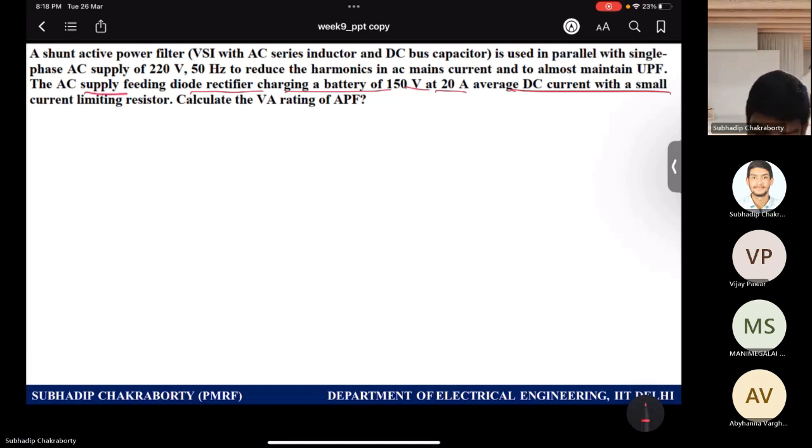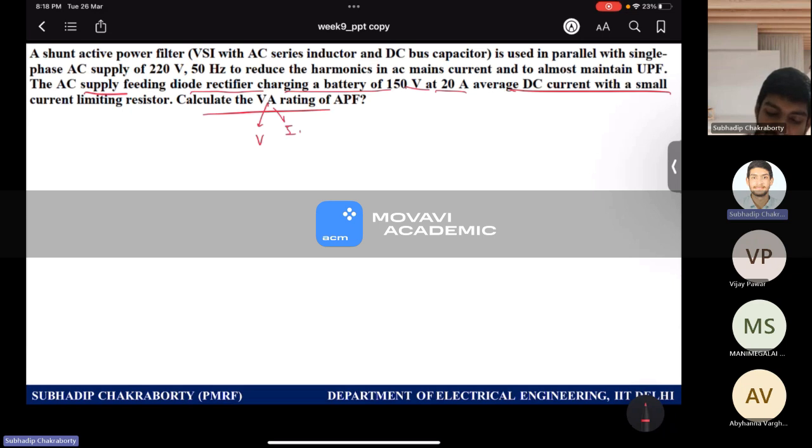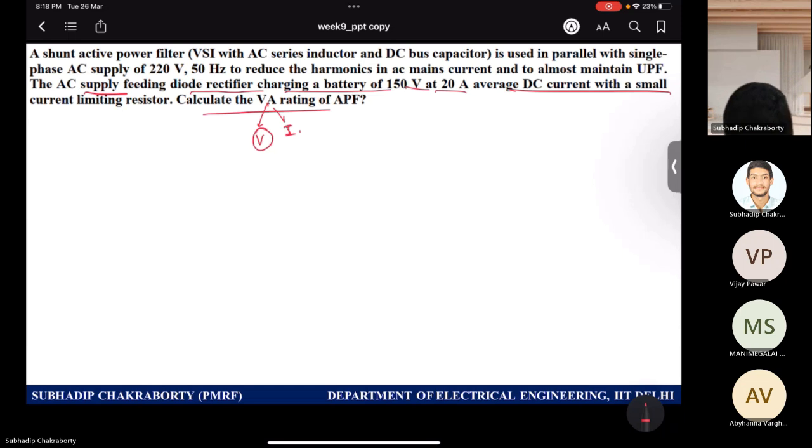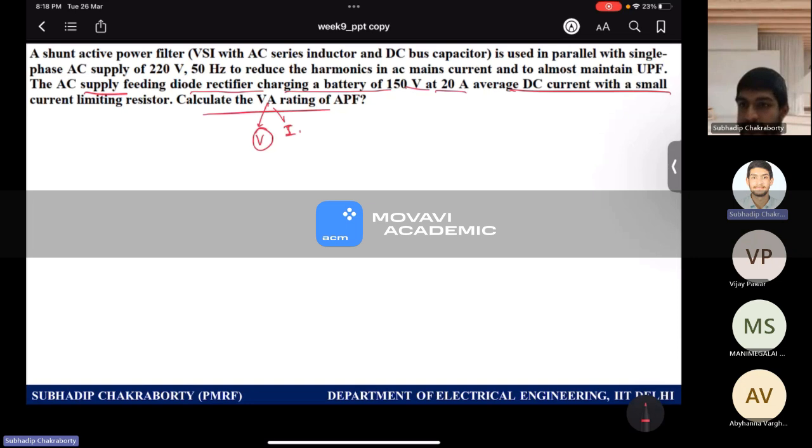So for the volt ampere rating of the active power filter, you need two things: the voltage and the current. Can anyone tell me what is the voltage rating of the shunt filter? 220 volts. Correct. So all we need to determine now is the current that the filter needs to absorb. For that we need to determine the harmonic current.